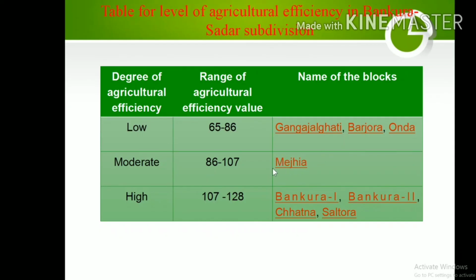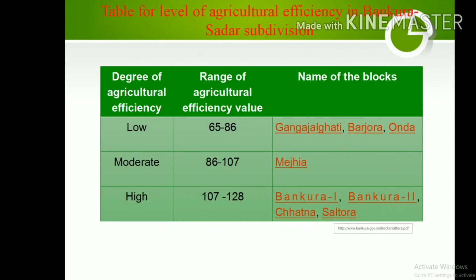Only 1 block falls under this category, that is Mejia. And in case of high agricultural efficiency, the range is 107 to 128. There are 4 blocks under this category: Bakura 1, Bakura 2, Chatna and Saltora.